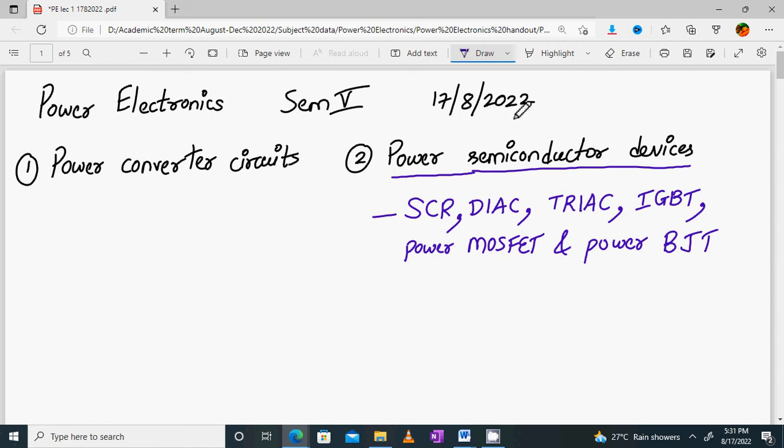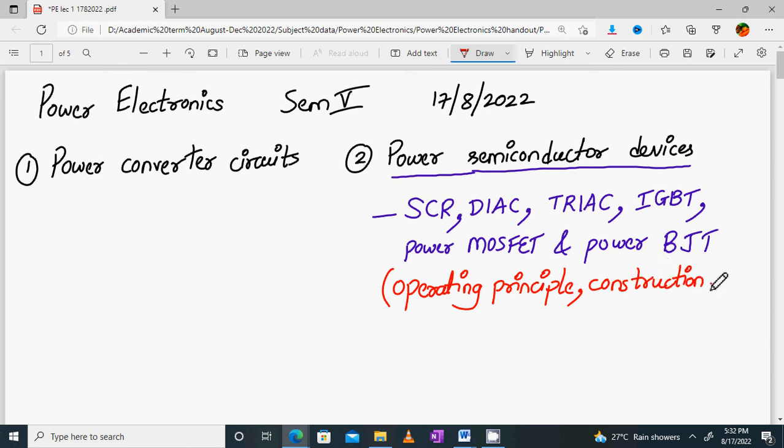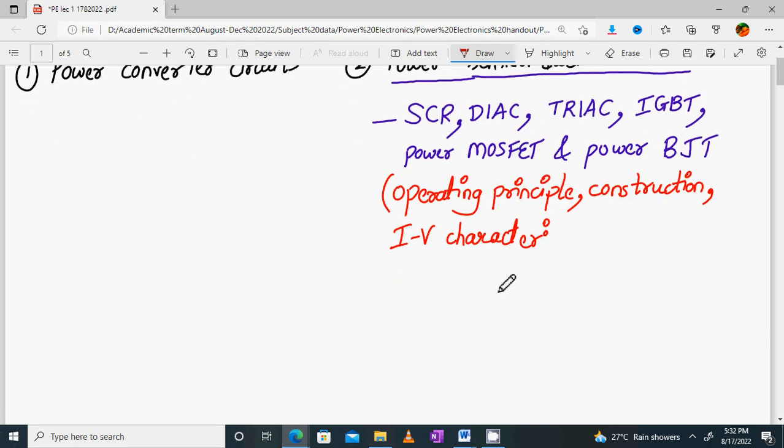And related to these devices, we are going to broadly focus on their operating principle, their construction, which is different from ordinary semiconductor devices because they have to handle large current and voltage capabilities, and then their IV characteristics, their ratings, which will be available in the data sheet if you check any power semiconductor device, and finally their applications.